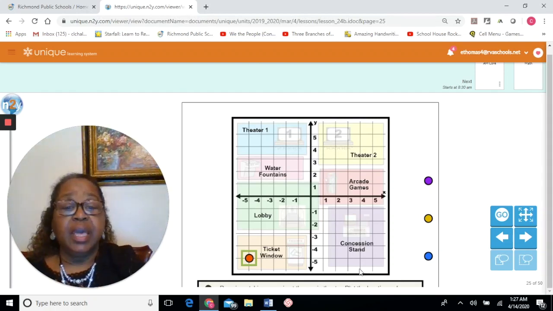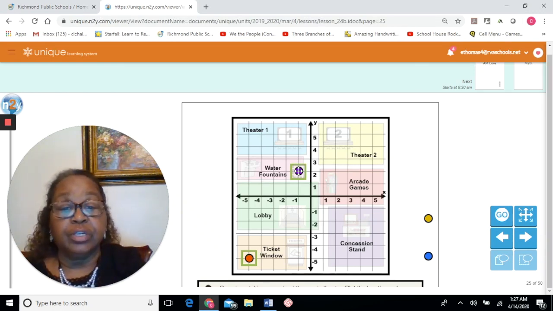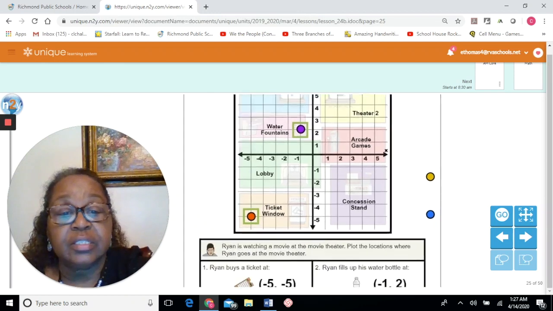So we go to our x-axis, our point of origin. -1 on the x-axis will be to the left. Here's -1. And then a +2 on the y-axis. That would go up. 1, 2. Let's see if we can move that point and get that right. Excellent. I'm proud of myself. That's very good.